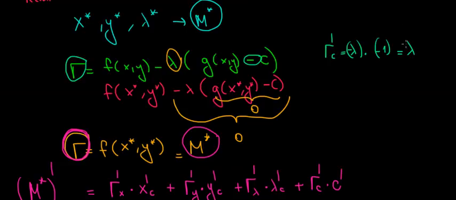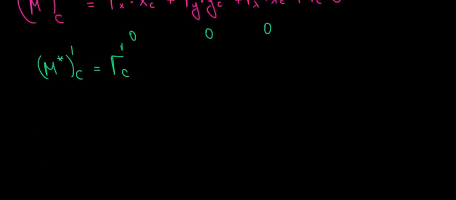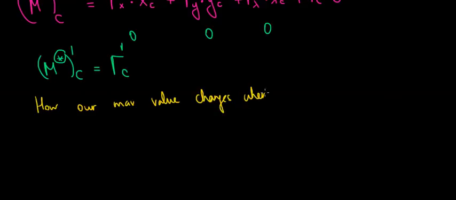That lambda is the rate of change in our optimal result when our constraint increases by 1 unit. Again, the Lagrange derivative with respect to our constraint is showing how the function changes at the optimal point. So once we maximize the value, how our maximum value changes when the constraint increases by 1 unit.